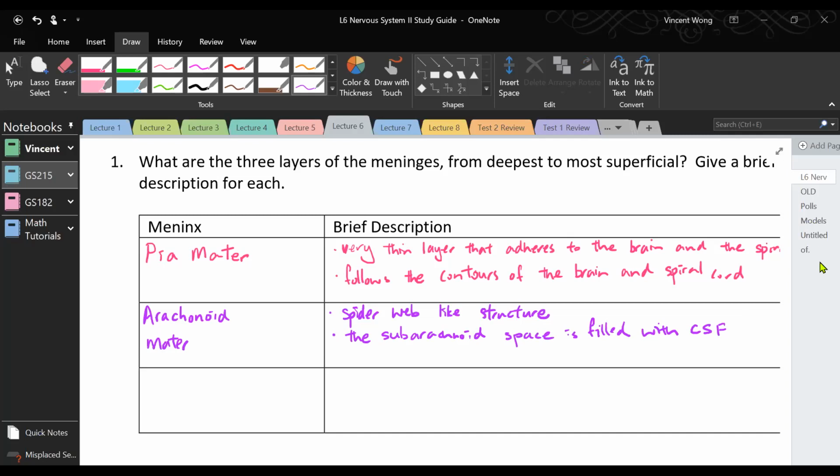It nourishes the cells, washes away metabolic waste, right? It creates buoyancy to allow the brain to be floating in the skull. So we'll talk more about that in a bit.